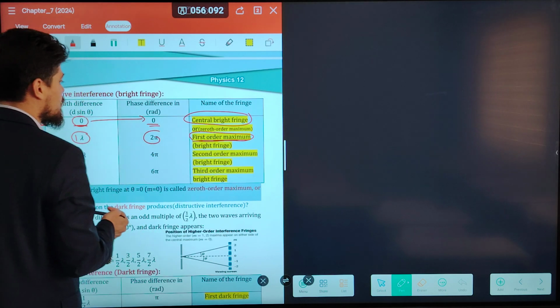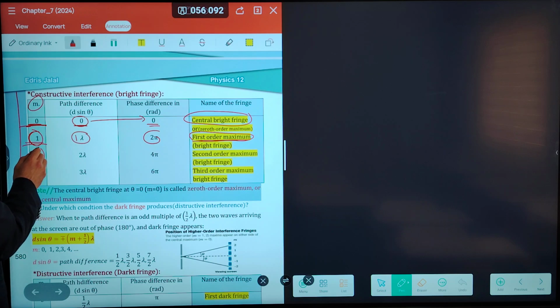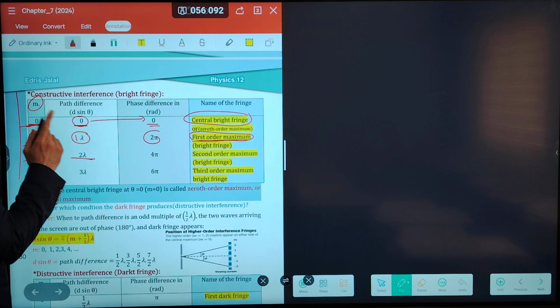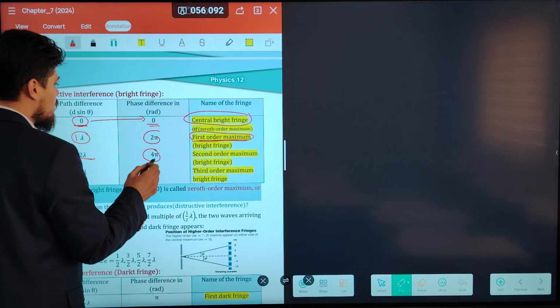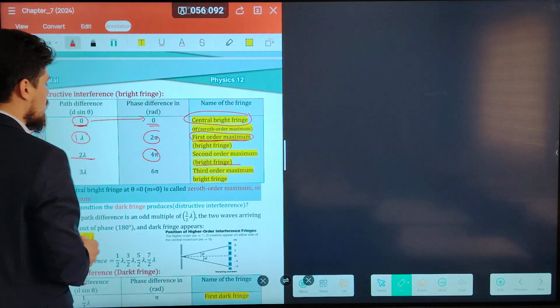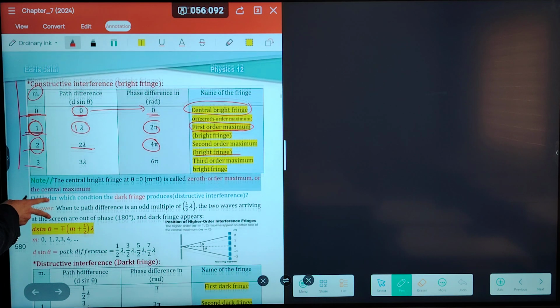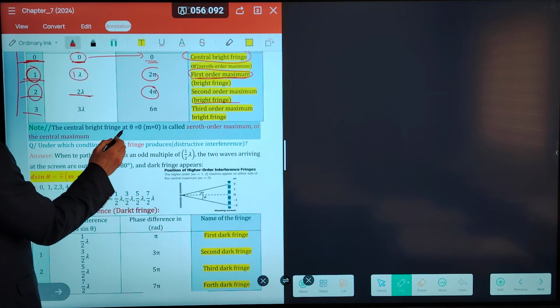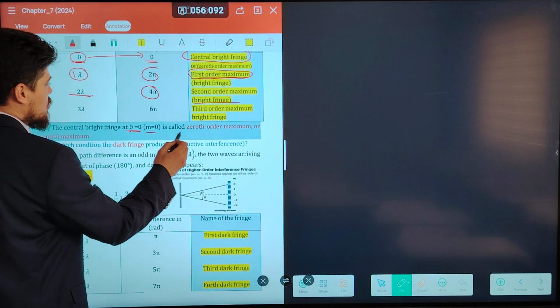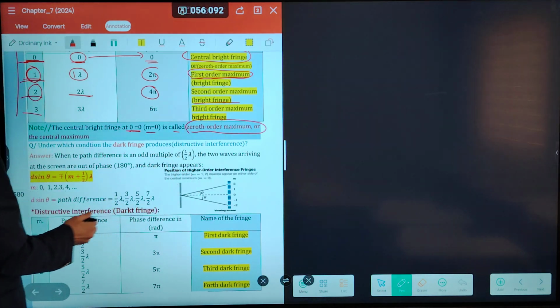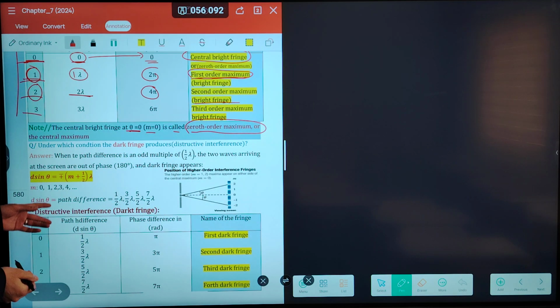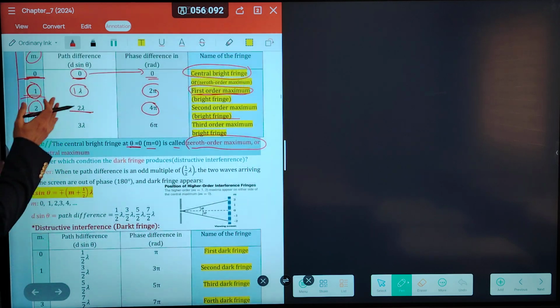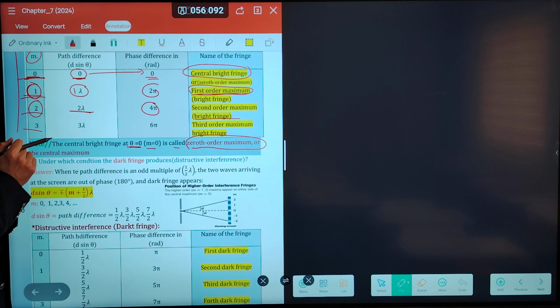It is named first bright fringe. For M2, path difference, 2 wavelength. Phase difference, 4 pi. Second bright fringe, and so on for others. The central bright fringe, theta 0, M0 is called zero order maximum or central maximum. So these are the conditions of the constructive interference of the two waves.